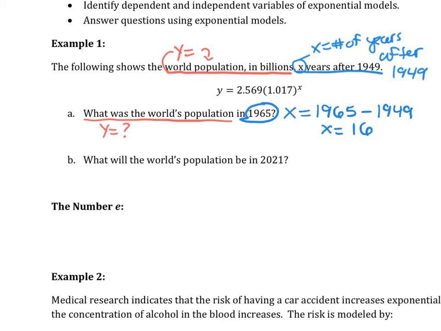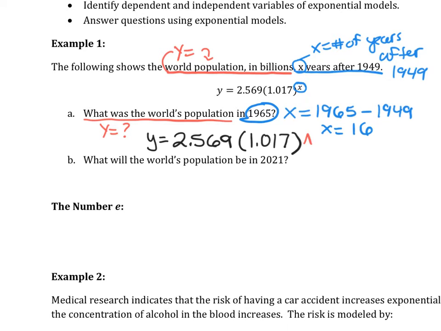So that means now all we have to do is plug in 16 into our equation for X, which is in the exponent there. So when we do this, we'll have Y equals. I'm going to write it how you would type it into the calculator. So you do 2.569, and then parentheses, 1.017, close the parentheses.